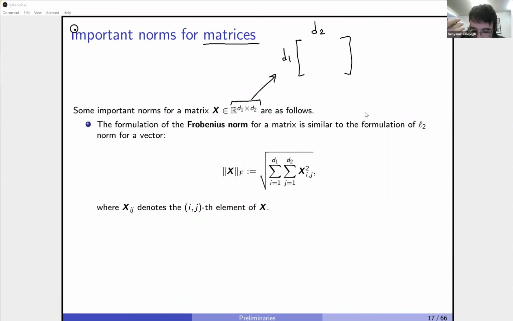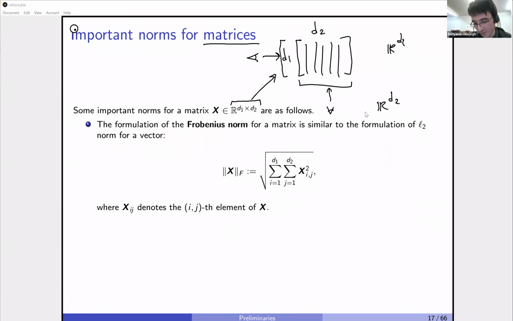What you said is kind of correct, but let me restate it. You can consider this from this side, these D1 rows, as a D1 dimensional Euclidean space, R D1. If you look at it from this side, you will see a Euclidean space with D2 dimensions.